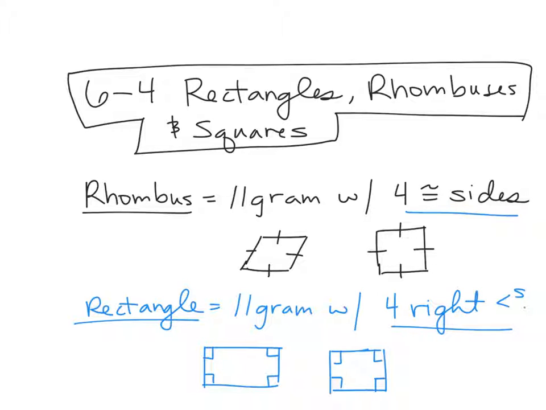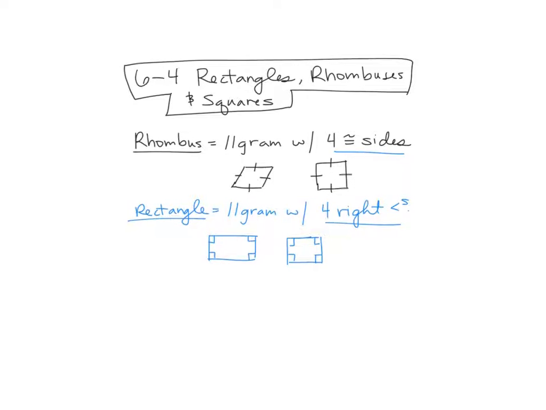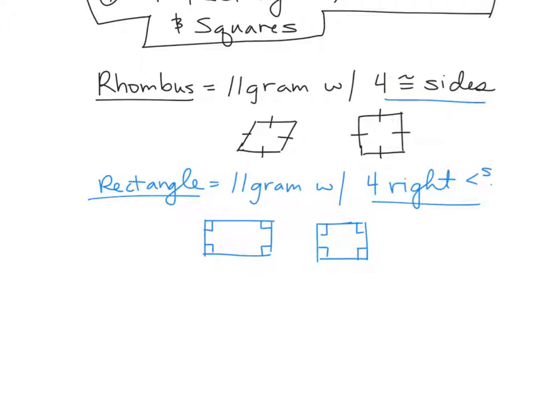Okay, so I'm going to give you a couple pictures, and just knowing what the definitions are of these things, actually, I'm going to give you square too while we're at it. Let's do that first. Last one is square.